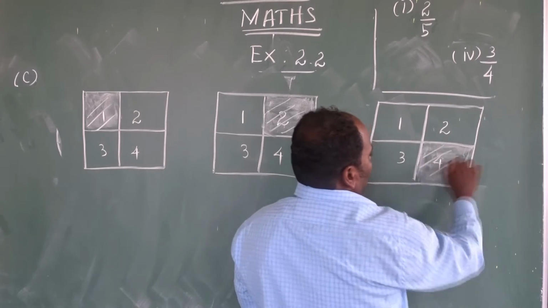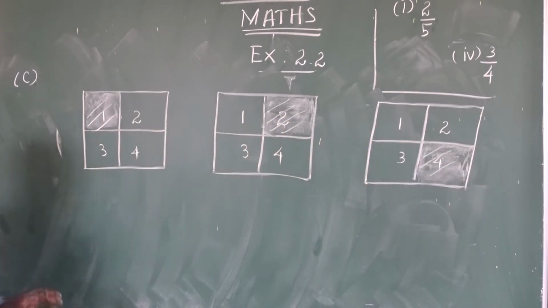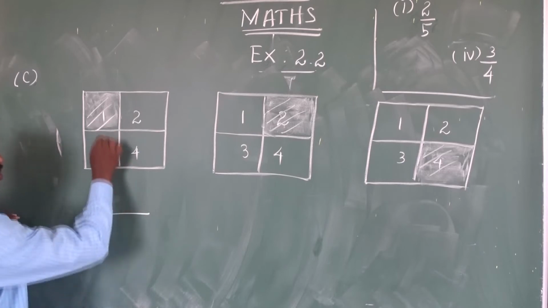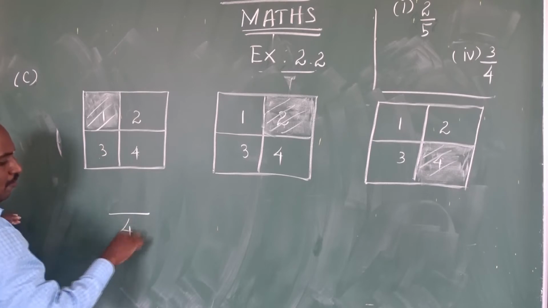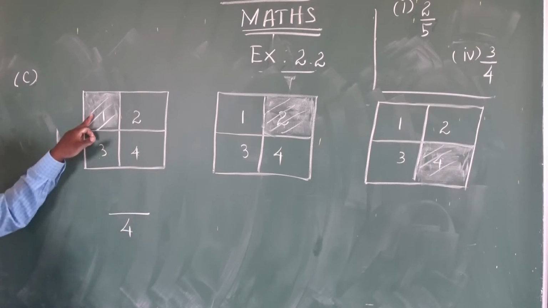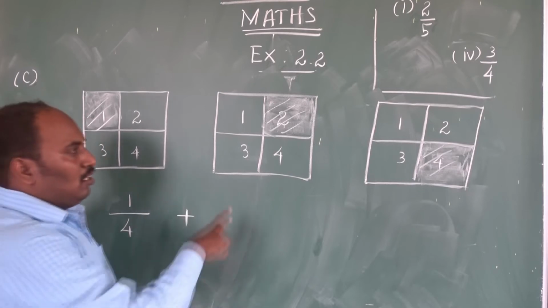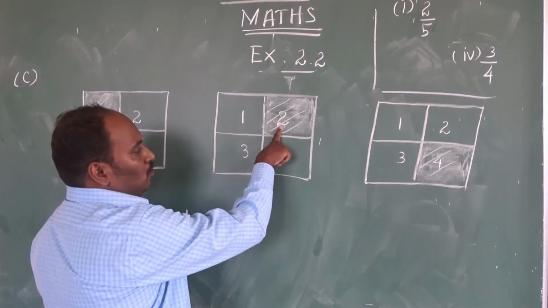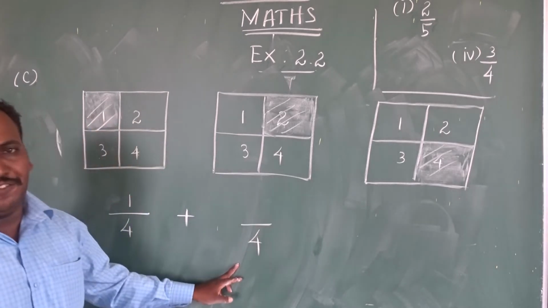Then the third, fourth portion shaded. So we add 3. The first one, total number of portions 4, we shaded part 1, so 1 by 4, plus 4 equal parts. The denominator part is 4.